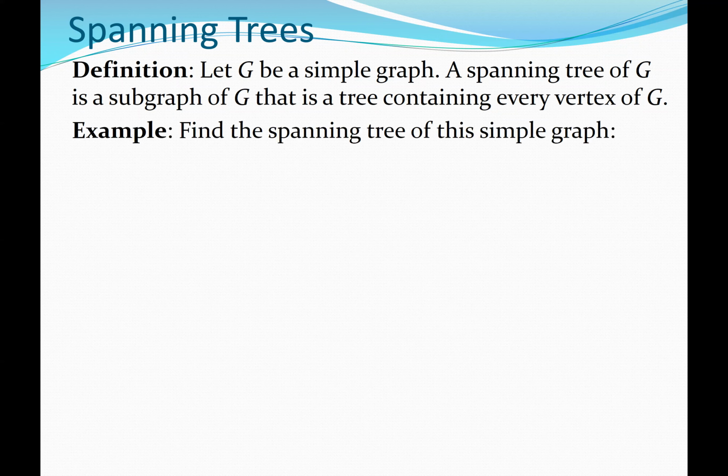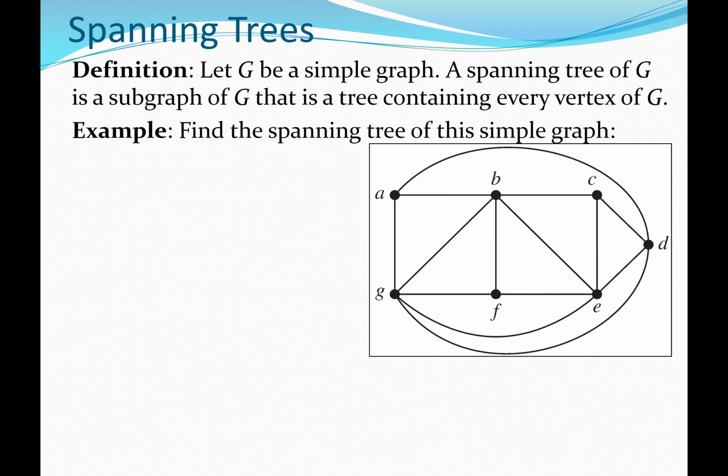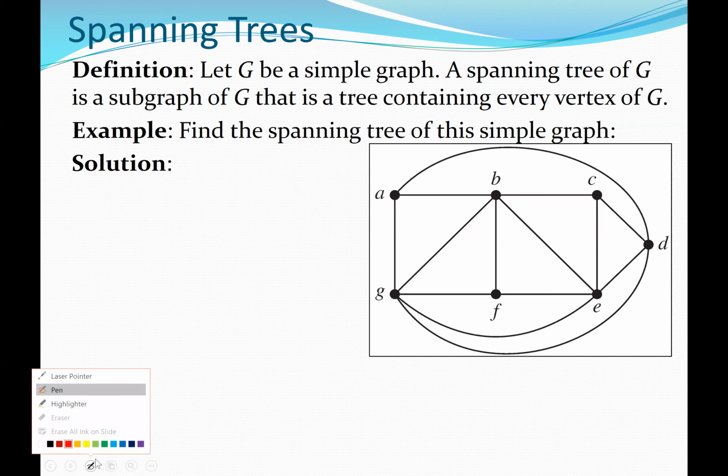So here is the example that we have. You can try to see if we can pick an arbitrary vertex and create a tree out of that. So let's see if we can have that concept. For example, we can pick A and then create all the links that are possible.